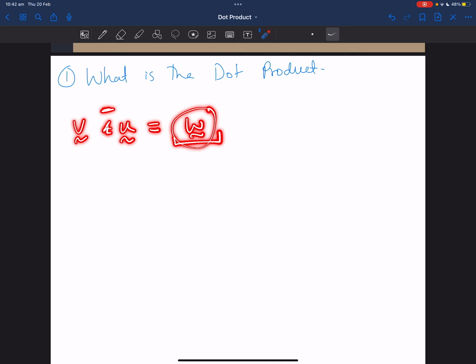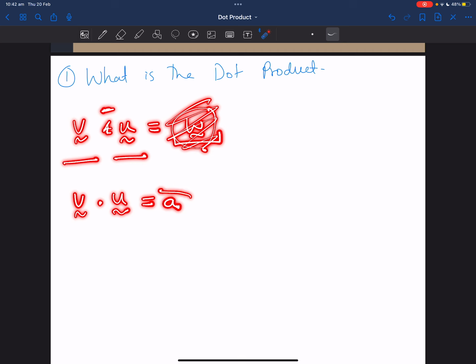But when you do the dot product of two vectors, the result is actually not a vector, but just a singular number, like 1, 2, or 3, and so on. This is pretty different. So the basic question is, what is so important about this number? What does this possibly tell us about these vectors?